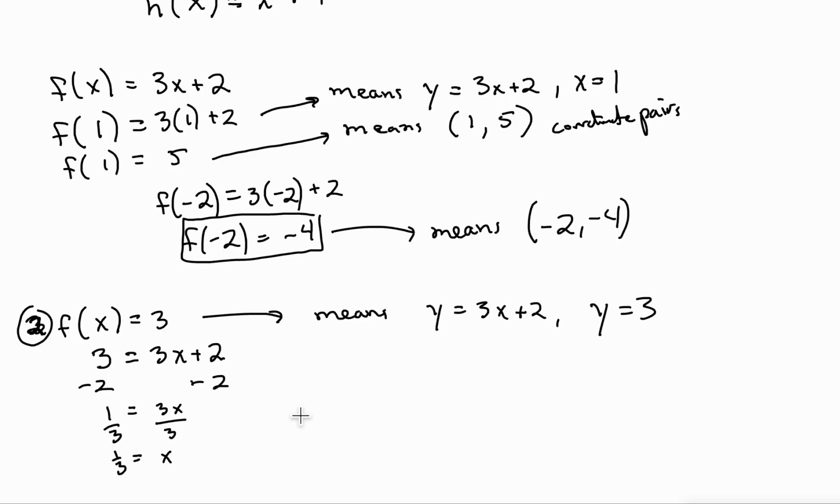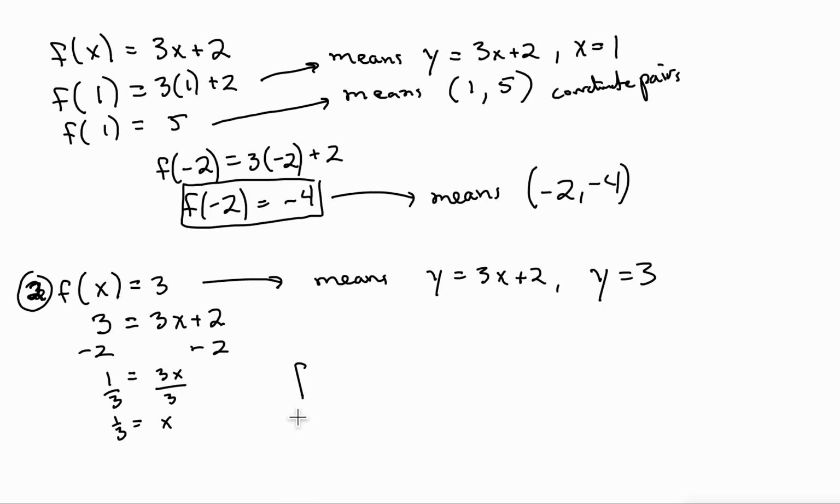How we write that in function notation is f of 1/3 equals, and then remember we're bringing that 3 back over here. Do you see the coordinate pair now? Our coordinate pair is 1/3, 3. The x is 1/3. So we don't have to write it as a coordinate pair. This is a coordinate pair in function notation.